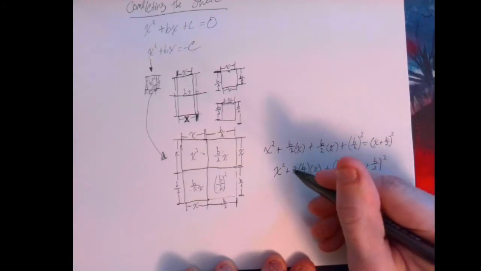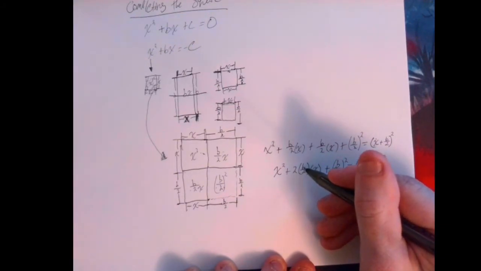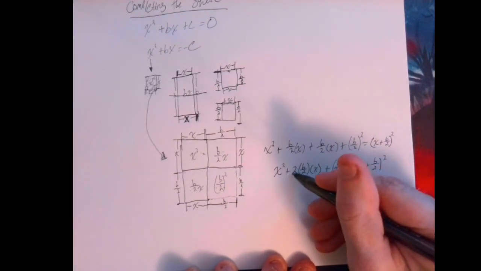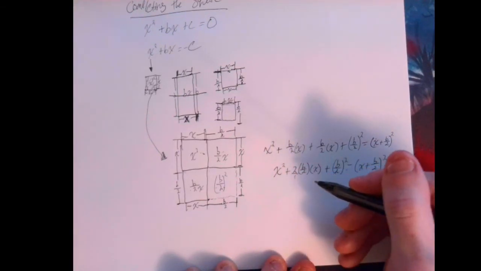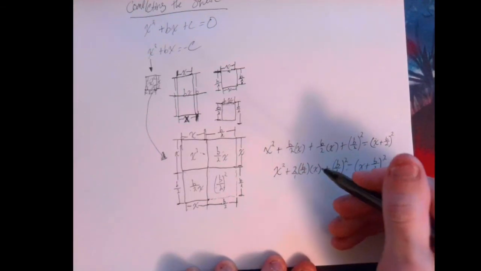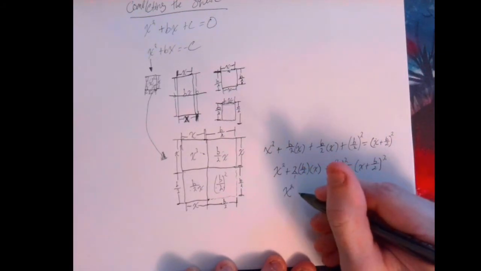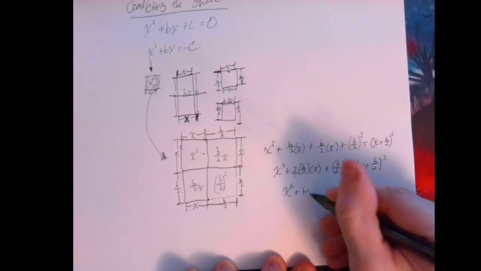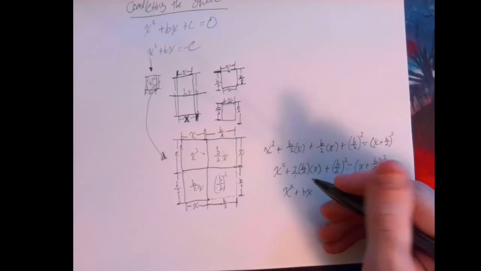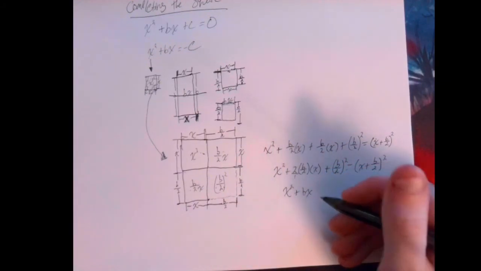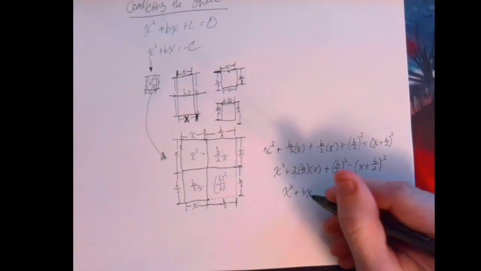And this can simplify. We multiply the 2 by the b over 2, because this is really 2 over 1, so when we multiply fractions, we multiply across. So we get x squared plus bx, right? Because 2 divided by 2 is 1. And 1 times b is b, because 1 is our multiplicative identity.